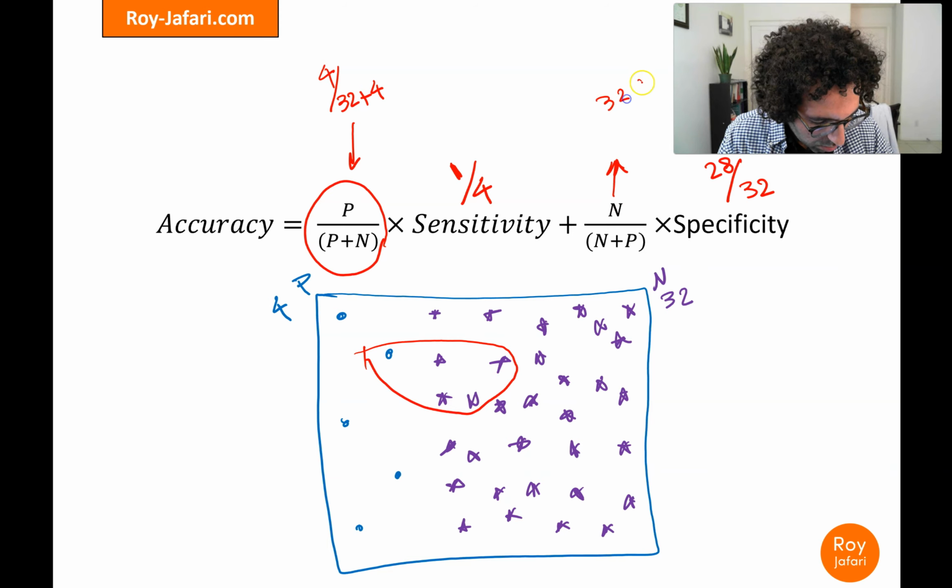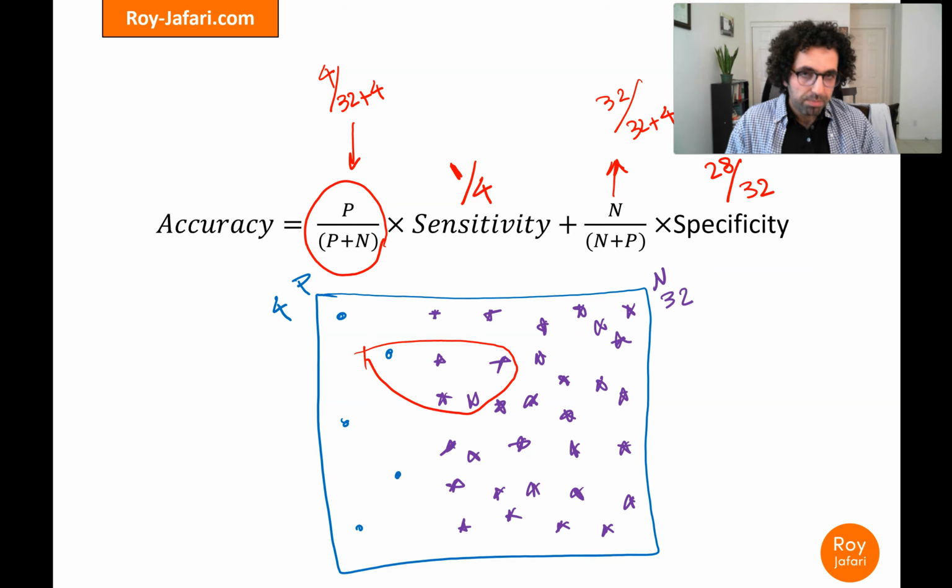It's going to be 32 divided by 32 plus 4. So if you were to use accuracy for a case where you don't have as many positive cases, it's basically going to show, for the most part, how well you are finding the negative cases. You're just giving a much higher weight to specificity.